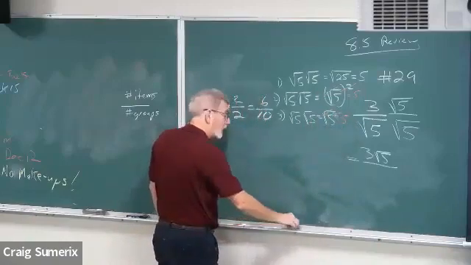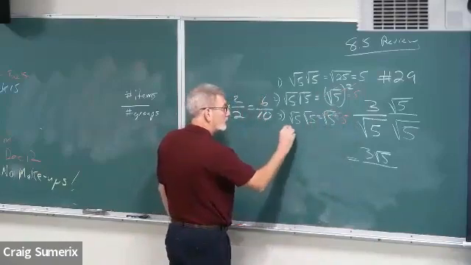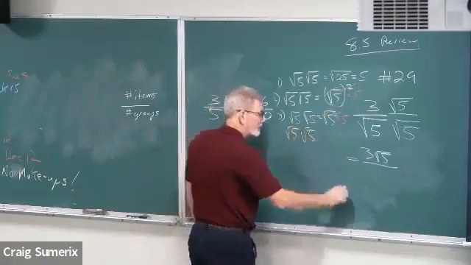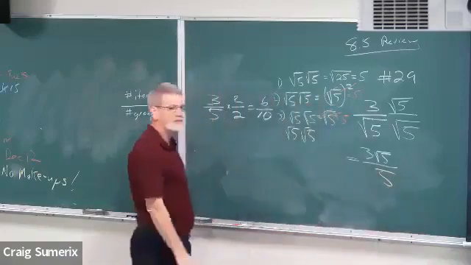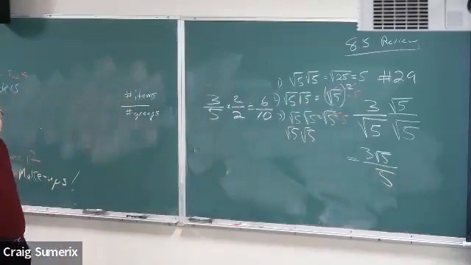Or you can be like Craig and go, oh, the square root of 5 times the square root of 5 is whatever's inside. Any square root times itself is whatever the inside number is. Boom. Always? Always. Because the square root times the square root is it squared, isn't it?